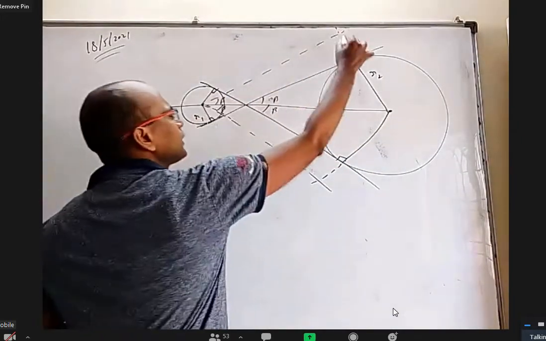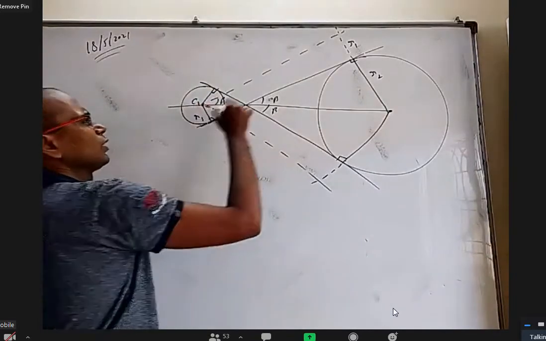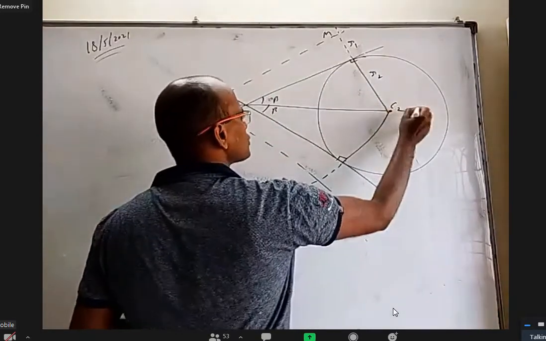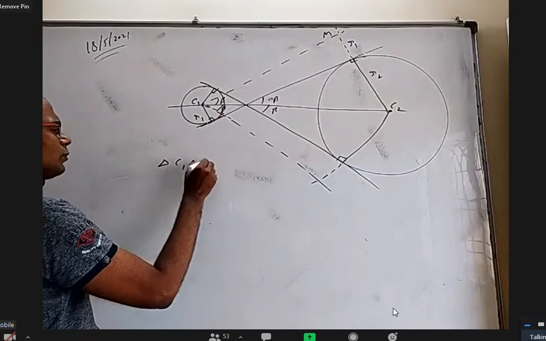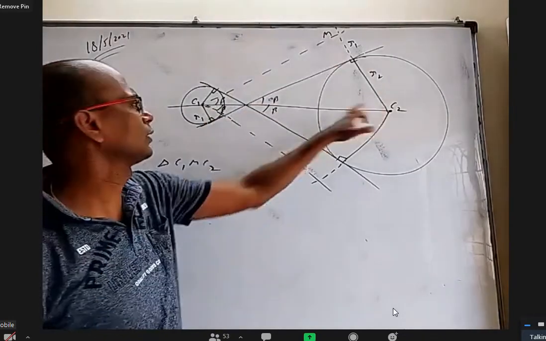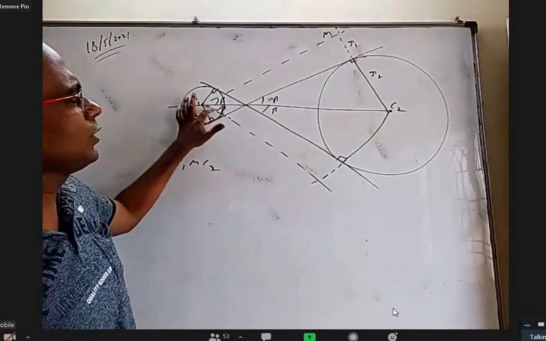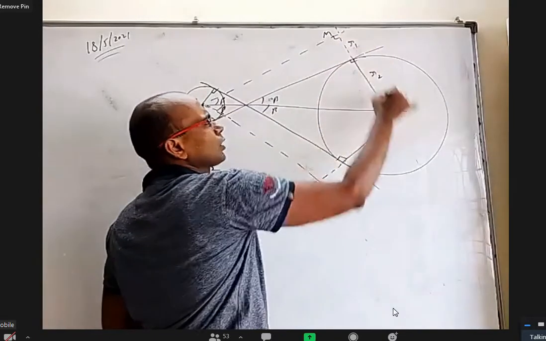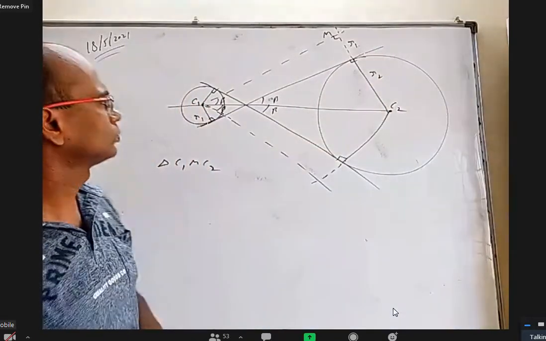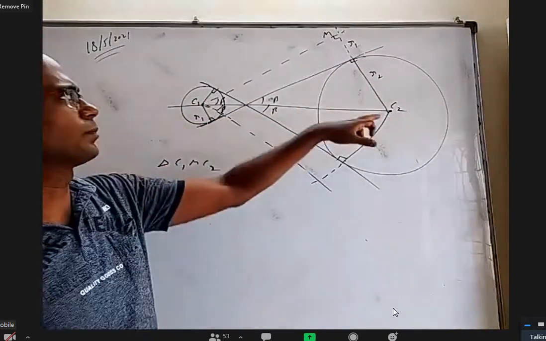If you look at this big triangle here, C1, some M and C2, triangle C1 M C2, the big triangle. For sine beta, what is the total opposite side? R1 plus R2, and hypotenuse is this C1C2.